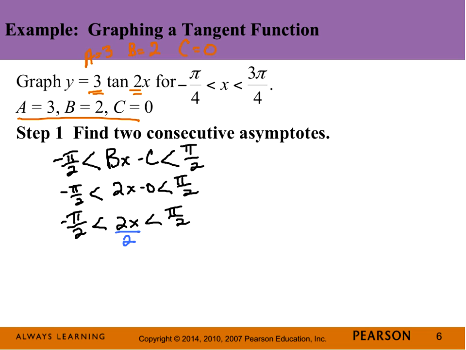However, division by 2 is the same thing as multiplication by 1/2. And since those are in fraction form there, I'm going to multiply by 1/2 instead of dividing by 2. But it's the same exact calculation there. So we end up with -π/4 less than x less than π/4.